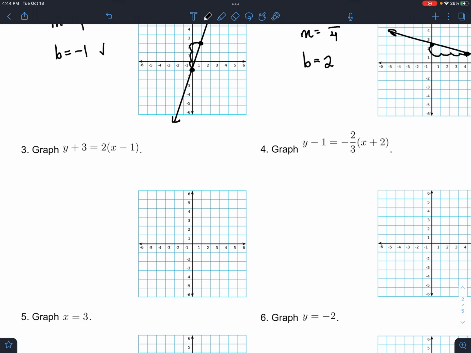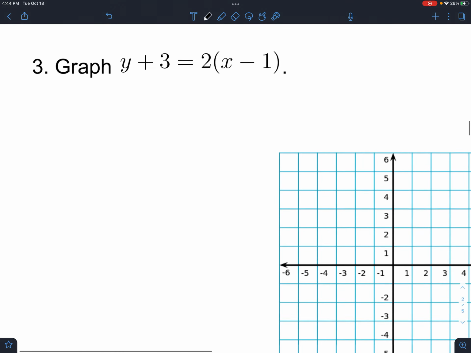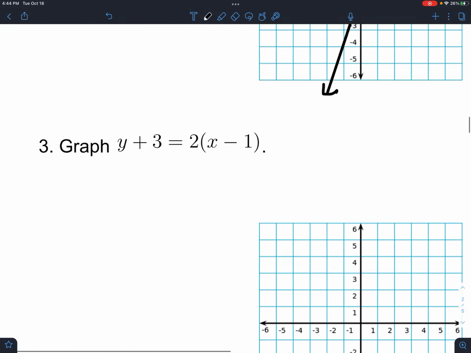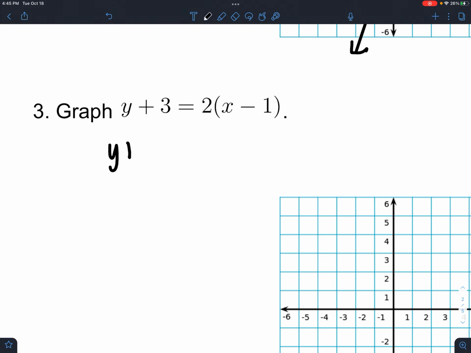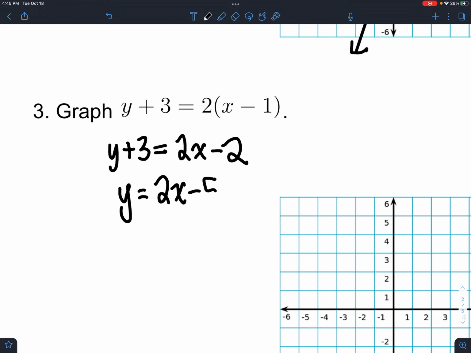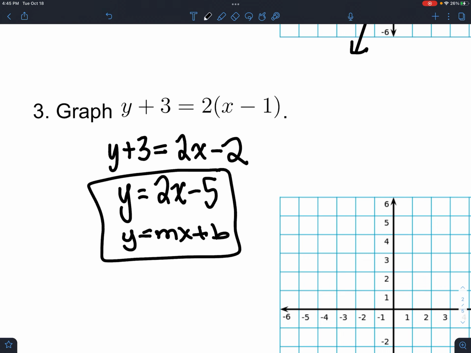Now, the next two are in point slope form, and you can do one of two things. And I'll do one question one way, the other question the other way. For this, if you like 1 and 2, and that makes sense to you, what you might want to try and do is solve for y. So you distribute first, and then you subtract, and get an equation that's in y equals mx plus b form.